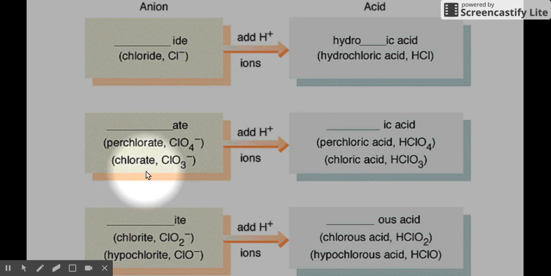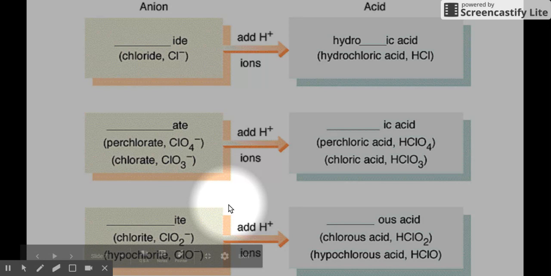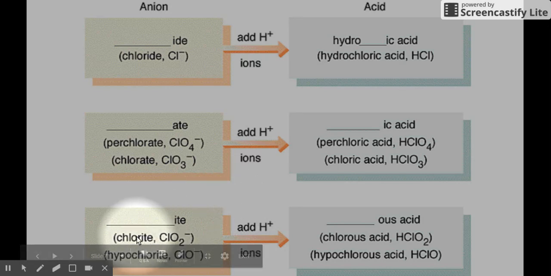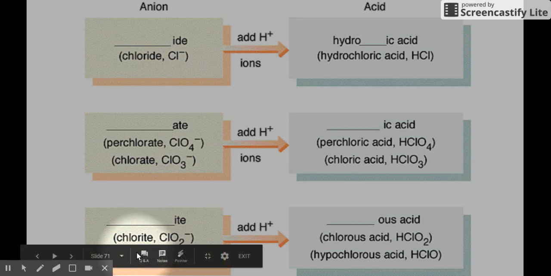For the second example, we have chlorate with a chemical formula of ClO3 negative. Add H plus, you crisscross, you get HClO3. Because it's chlorate, ATE should be changed to ic, so the name is chloric acid. Last example for the ternary acid category, if your polyatomic ion ends in ITE, such as chlorite and hypochlorite.